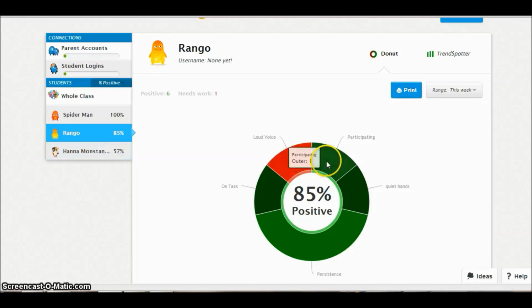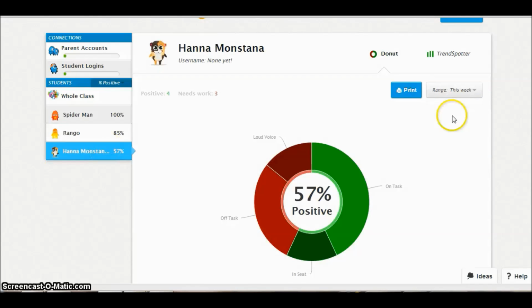Rango was on target 85% of the time, and he just had a small percentage of having a loud voice, not speaking with a quiet voice. Miss Hannah Montana had positive behaviors 57% of the time, and she was a little off track and had a loud voice.